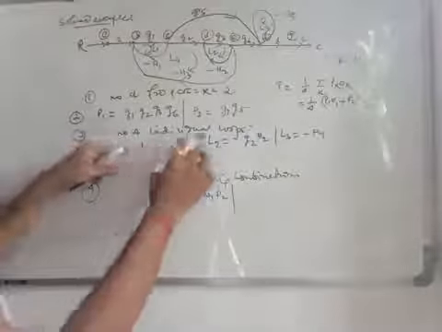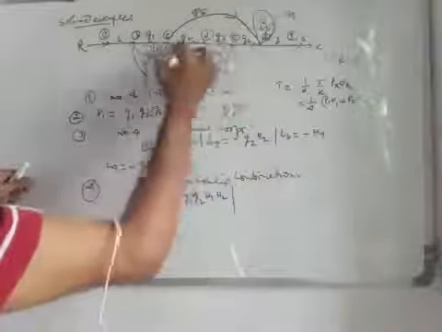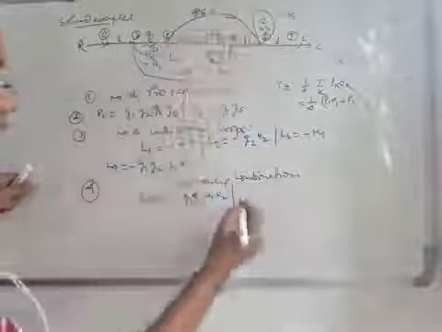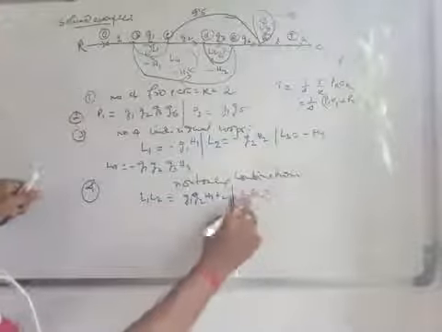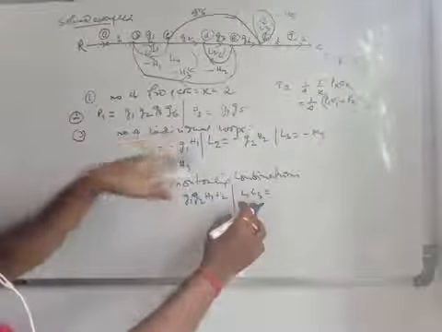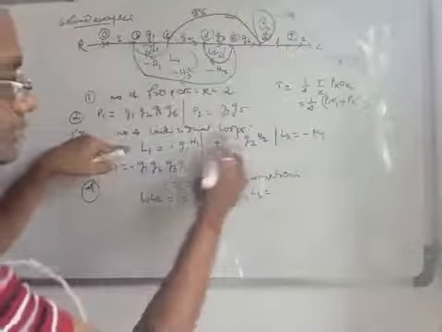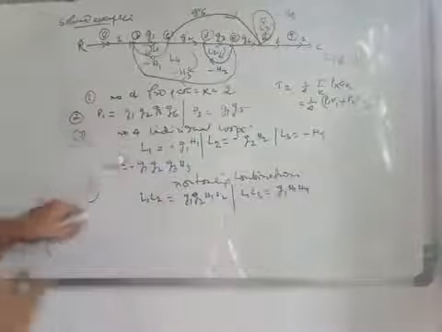Next, L1 and L3. Yes, L1 is there and L3 is there. They are not sharing common nodes. So L1, L3 may be the second combination. The gain product will be equal to the product of L1 and L3. That means G1, H1 into H4, right?